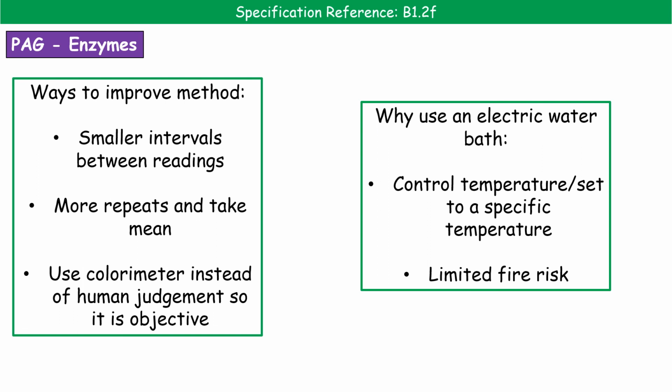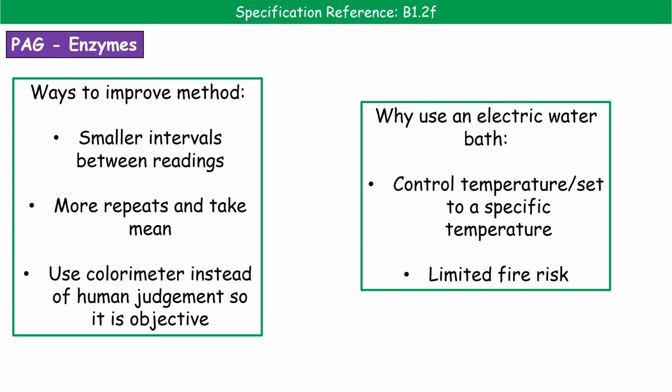Now, we did briefly mention the PAG on our enzymes, but there's a couple of other things we're going to cover here. So, they could ask us how to improve a method. Typical ways are listed on the left there for you. First one is suggest that we use smaller intervals between readings.